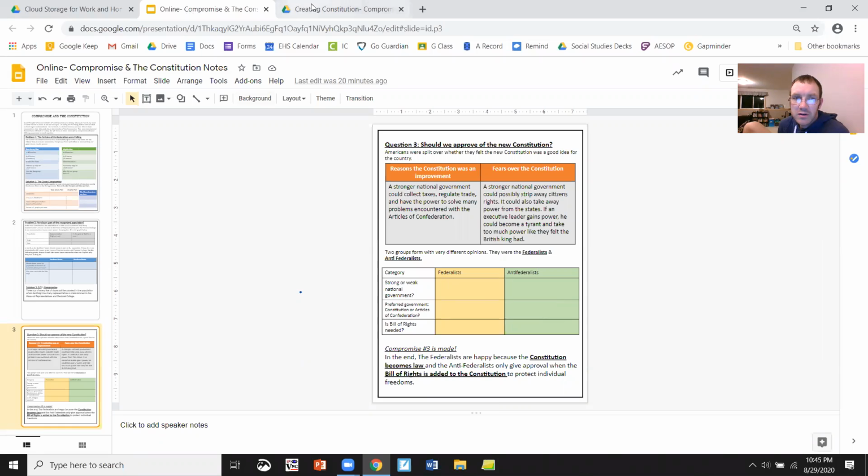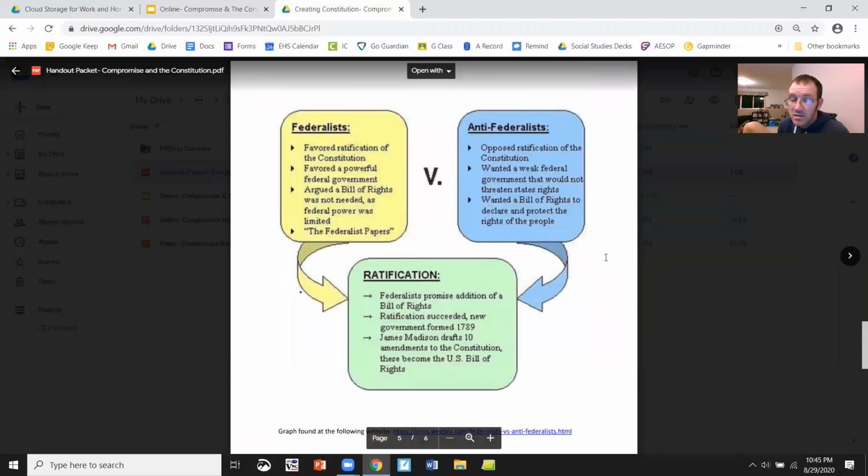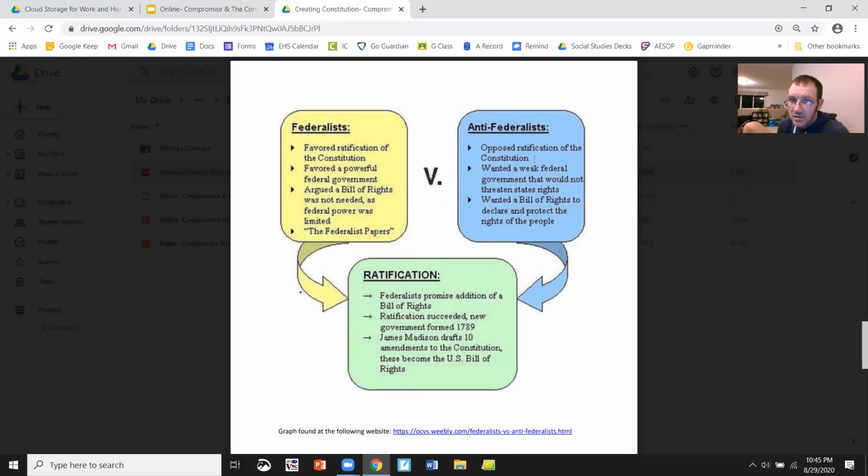So let's go on to the Anti-Federalists. Well, very different opinions. They're against the Constitution. They felt that we need a weaker national government so that states' rights aren't taken away. And they really feel a Bill of Rights is needed to protect the people. They're worried about the president becoming a king and taking away their rights.